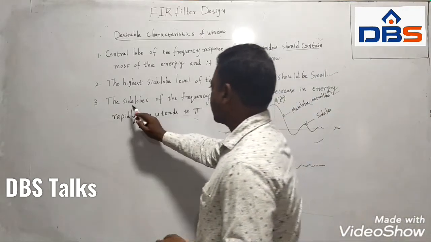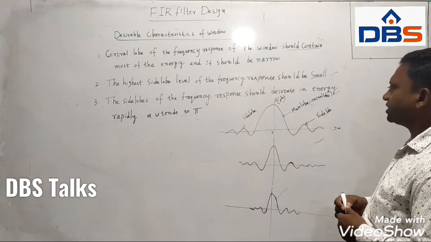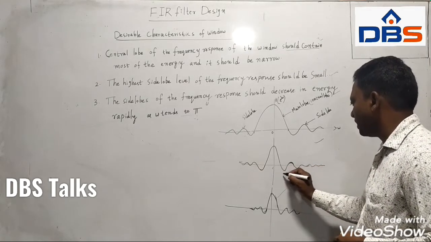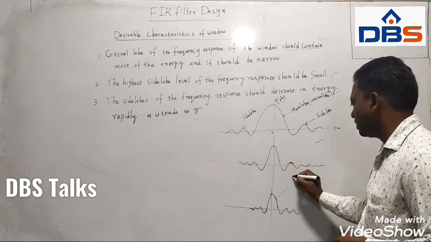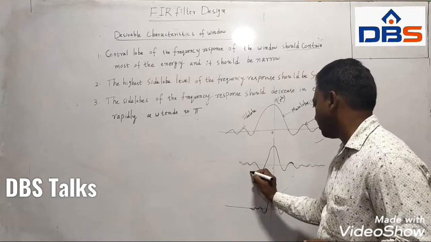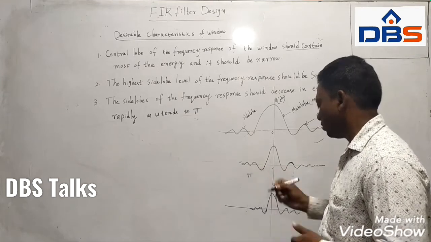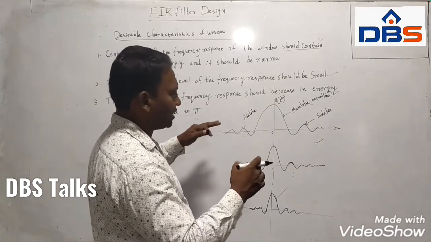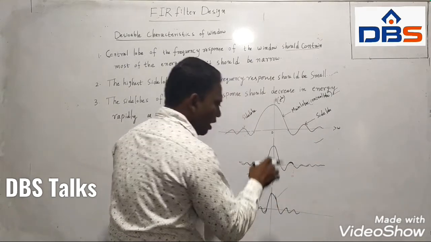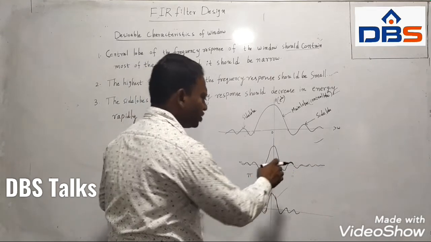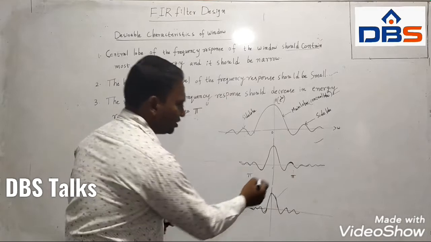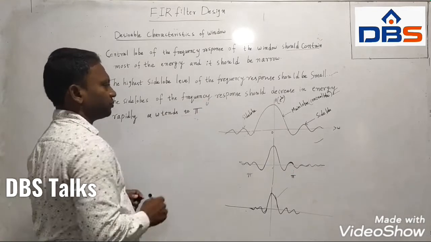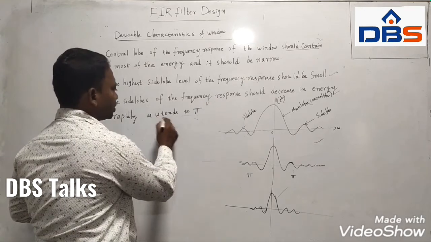The third one is that the side lobes of the frequency response should decrease in energy rapidly as omega tends to pi.